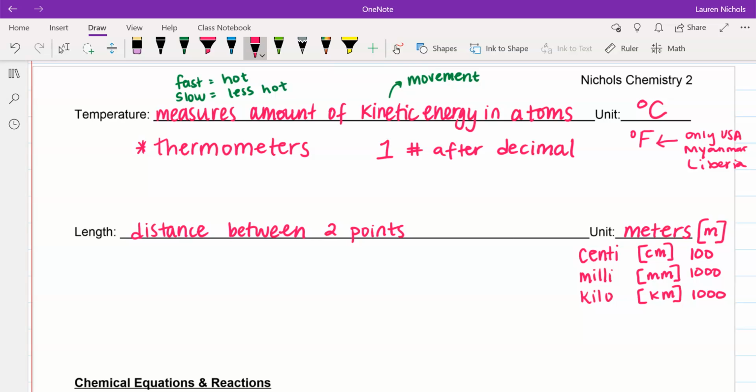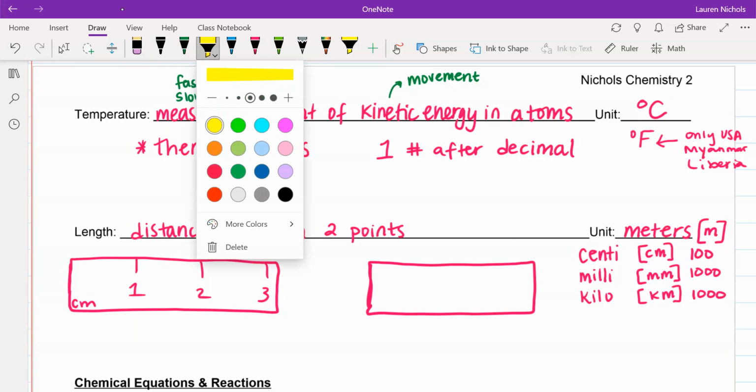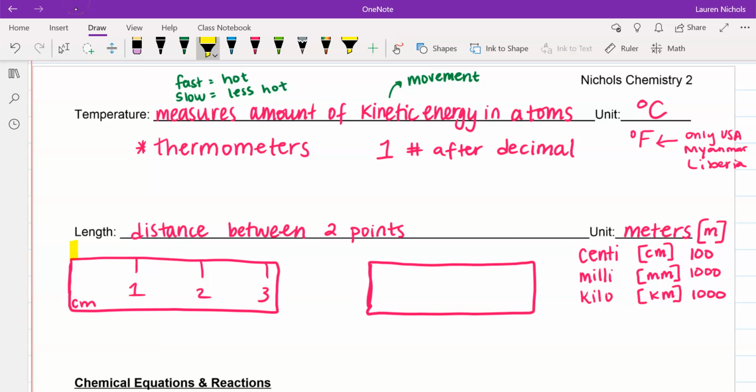And so when we are measuring length, it really depends on what instrument we're using as to how many decimals should be expected. So you really got to be able to pay attention to your ruler. For example, if I have a ruler and it's measuring in centimeters, and I just see 1, 2, 3, and the thing I'm measuring, let's use a yellow highlighter, goes from 0 all the way to there.